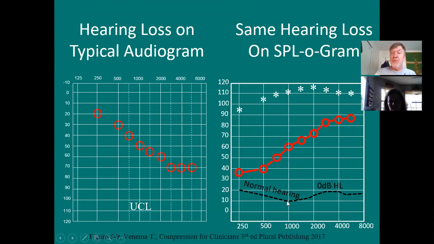So he drew minimal audible pressure at the bottom, and this is, remember, in dB SPL. So remember that the black dashed line is 0 dB HL, and he took the hearing loss in dB HL, added MAP, and you get the hearing loss rising now.